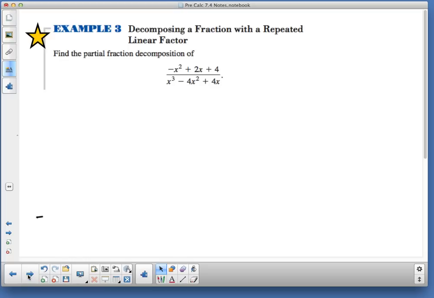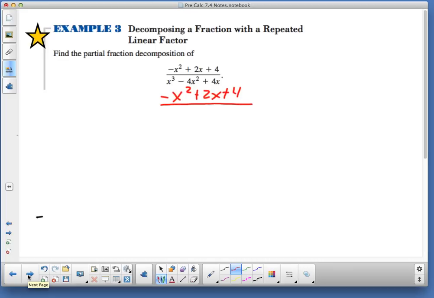For number 3, we are going to decompose a fraction with repeated linear factors. So now, this decomposition, keep in mind, I'm really concerned about the denominator. So I'm going to factor out an x, and that gives me x squared minus 4x plus 4, which is really x minus 2 quantity squared. So I have a repeated linear factor here.